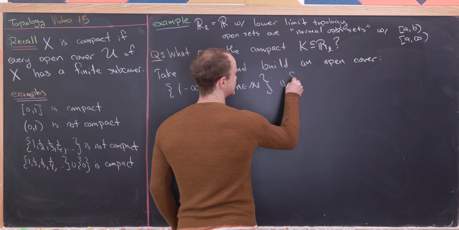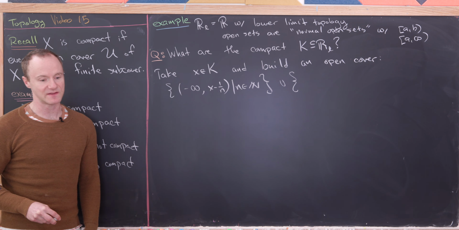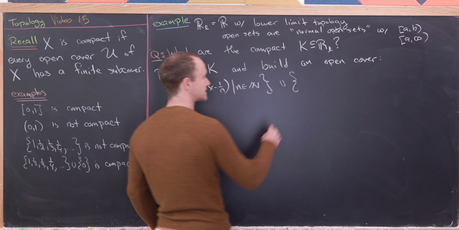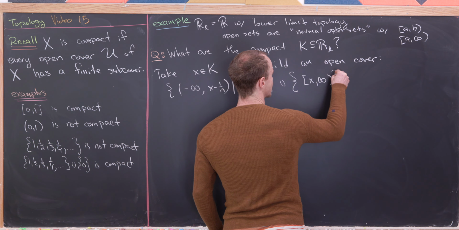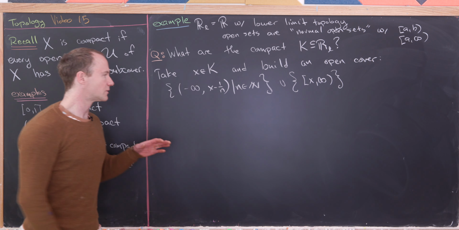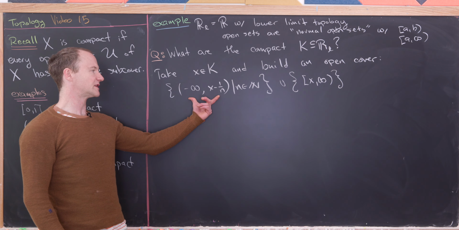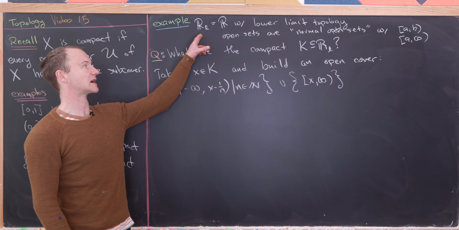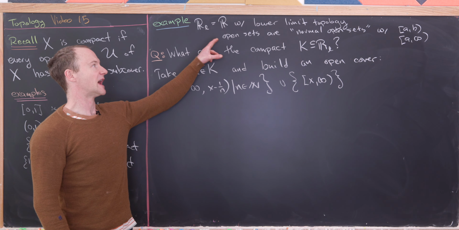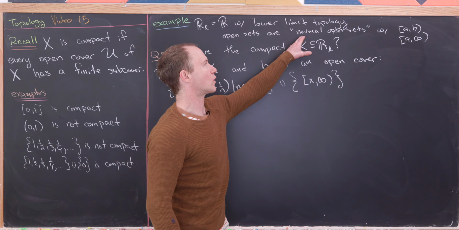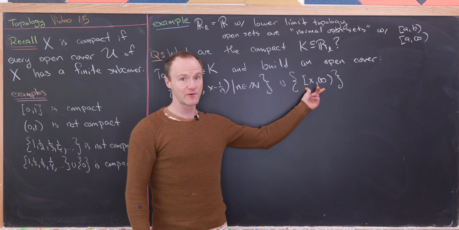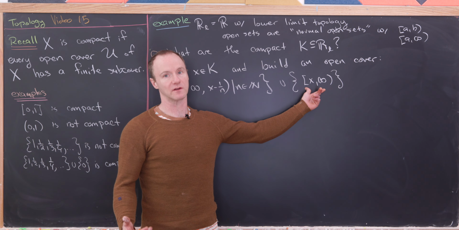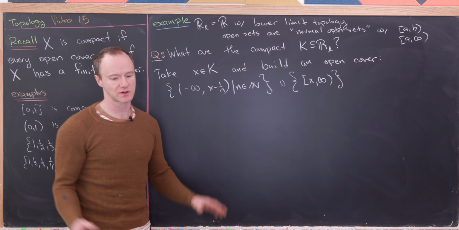And then the second flavor of open set in this open cover will simply be the interval starting at X, including X, and going to infinity. So let's observe that this open interval is open because our lower limit topology has the normal open sets as open sets. Whereas this half-open interval is open in the lower limit topology by our construction of the lower limit topology.